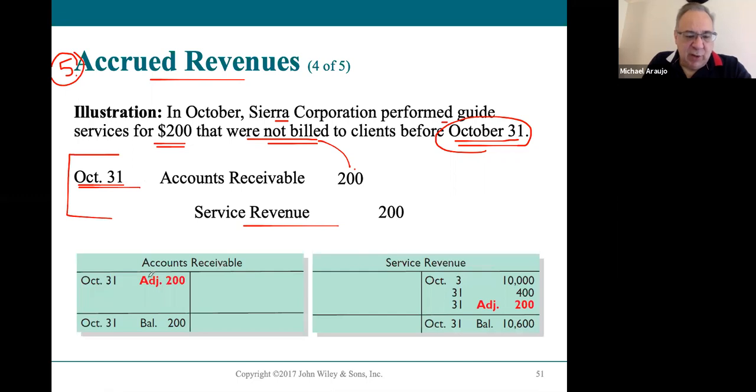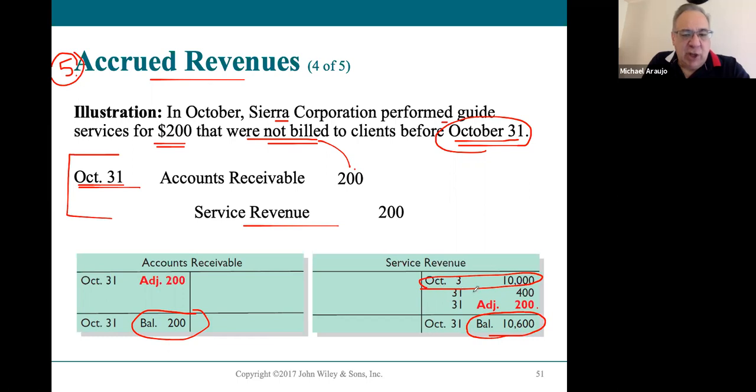So the adjusting entry would give us a balance for accounts receivable, and we would have an adjusted balance for service revenue because that $200 would have to be added in. Okay. If we didn't, look at what happened here. If we didn't do any adjusting entries, the revenue for October would only be listed at $10,000.